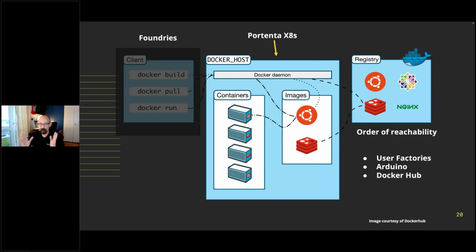So you have the freedom of choice. For example, if you want to run Alpine, a small operating system that is quite useful and quite used on microcontrollers, you can download the image of Alpine, add your applications, add your drivers, build a container, and run it on the X8. So it's really, really useful.